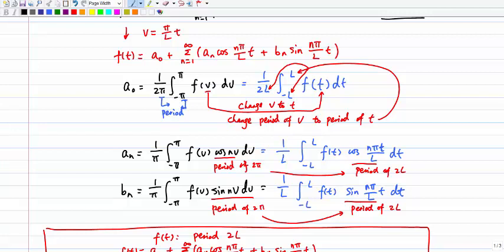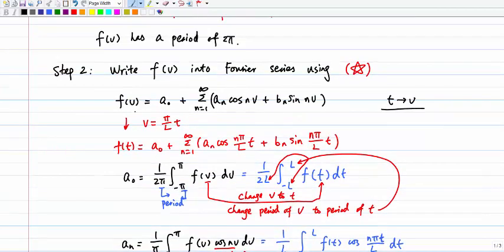Now, because we don't want f(v), we want f(t), we have to change it back. This is how we do the change. Because v is pi over L times t, I change all the v to t. For f(t), a0 doesn't change.